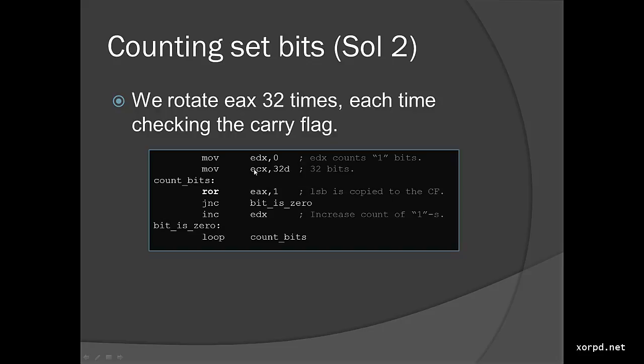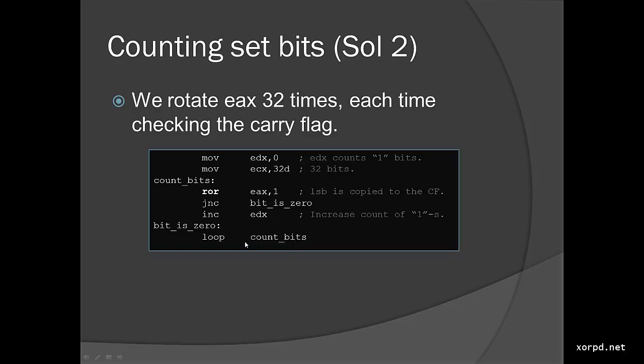We also initialize ECX to be 32, which is the number of iterations that are going to happen in this loop. Note that here we can see the structure of the code. There is one big loop, and inside of it, there is some kind of an if statement. There is a conditional nested inside this loop.